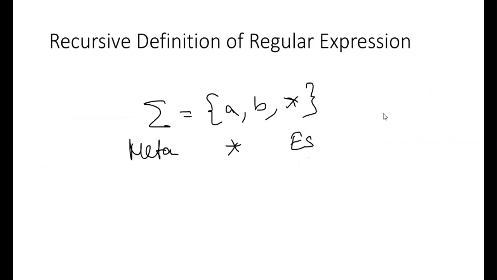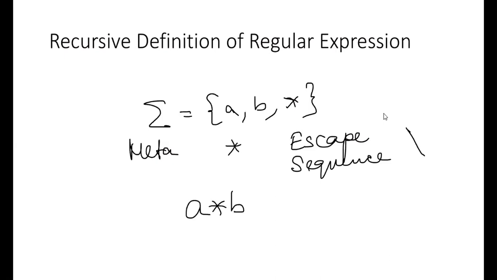My escape sequence can be, say, slash. So I use slash as the escape sequence. Suppose I want to say A star B. This is my regular expression. We will see how to construct it later on.